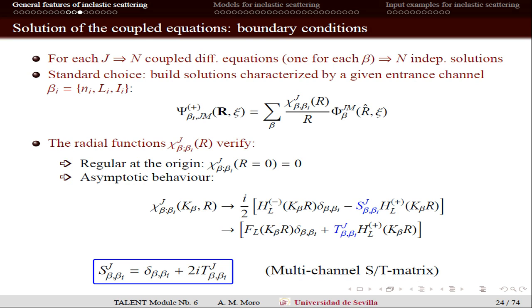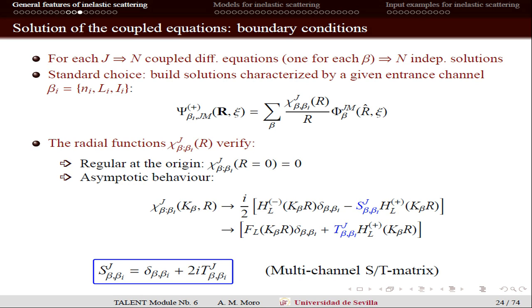These chi functions must be, as in the single channel case, regular at the origin, and asymptotically these equations are solved with the following conditions. Asymptotically, they must be a combination of the solutions of the free equation without interaction.